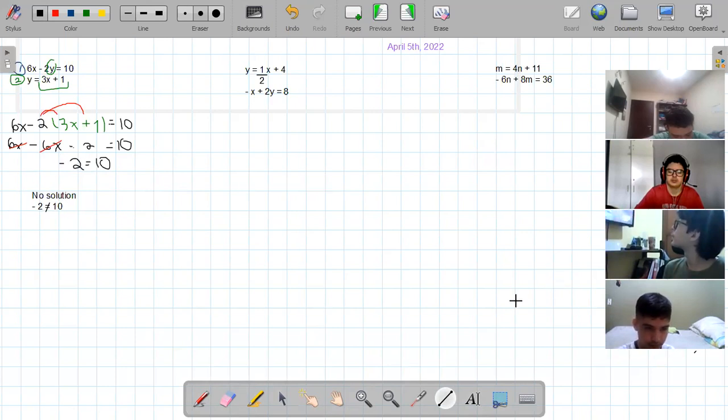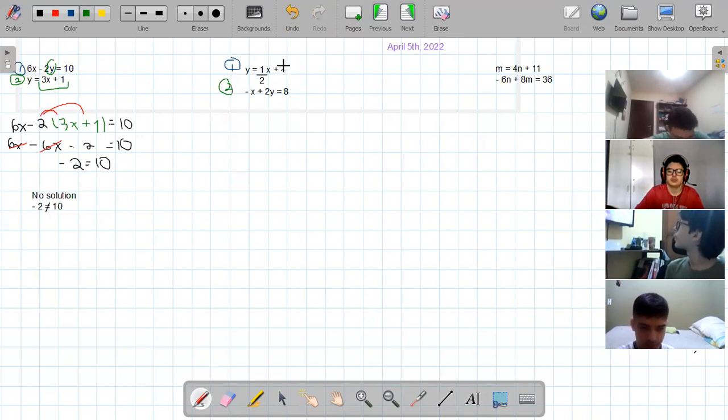Okay, let's go with the next exercise. We got y equals 1/2 x plus 4. We got negative x plus 2y equals 8. Again, this is equation 1, and this is equation 2. Now, let's look for an equation where it's easier to leave a variable alone.